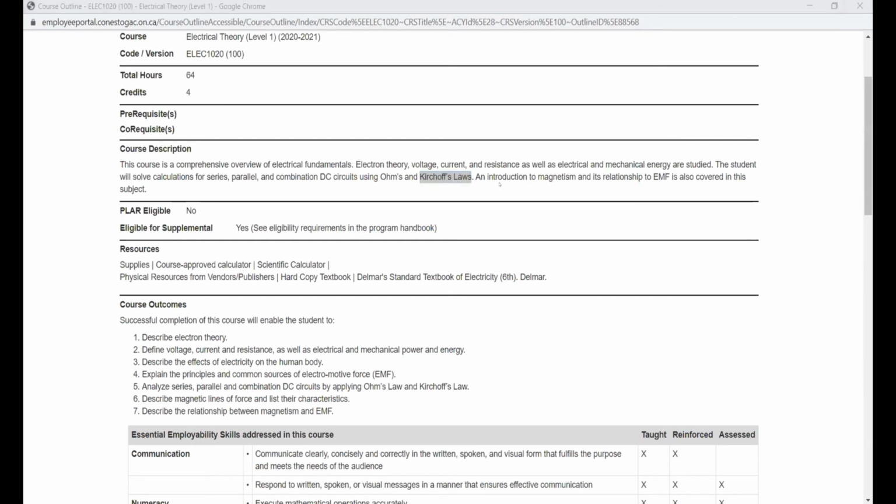And in addition to that, we are also going to get into a bunch of different measurements, including power and also work. Also, we are going to be able to do voltage drop.